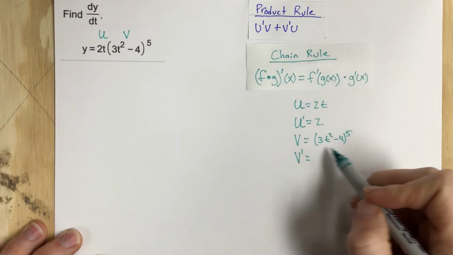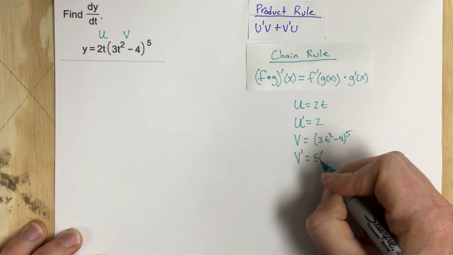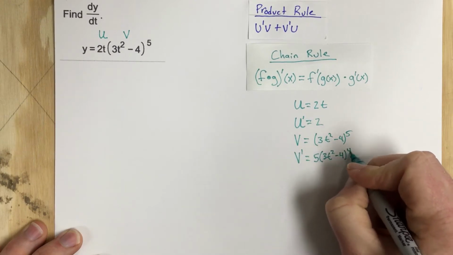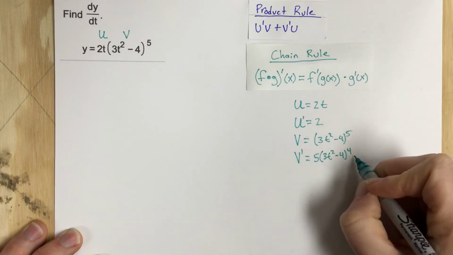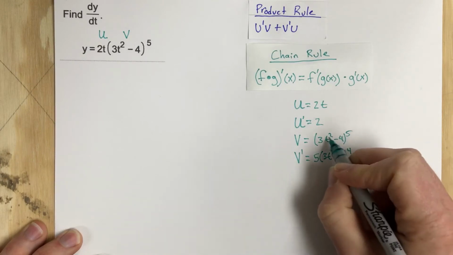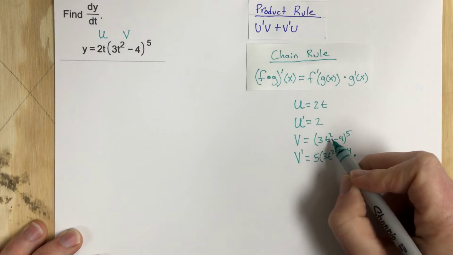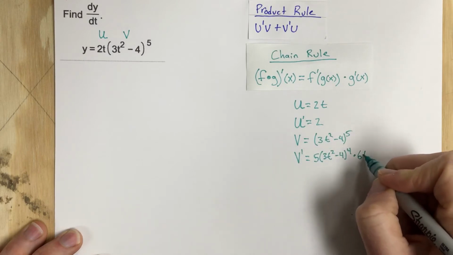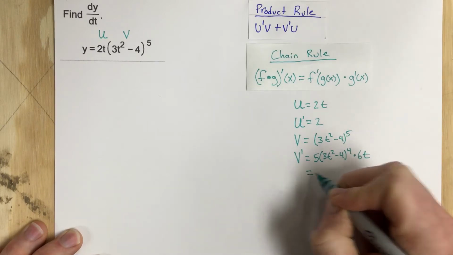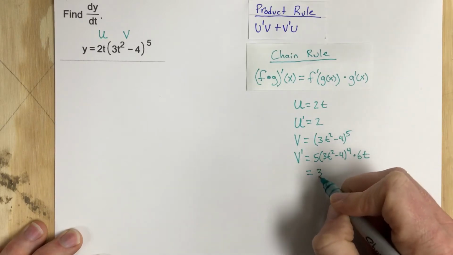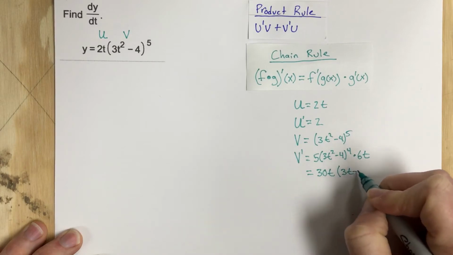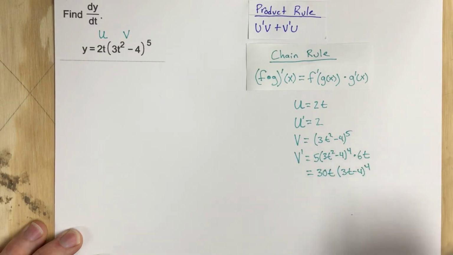So the derivative of the outside is 5 (3t squared minus 4) to the 4th, times the derivative of the inside, which is 3t squared. We bring the 2 to the front, so that's 6t, which is equal to, if we multiply that out, 30t (3t squared minus 4) to the 4th.